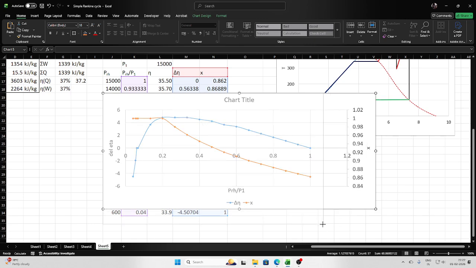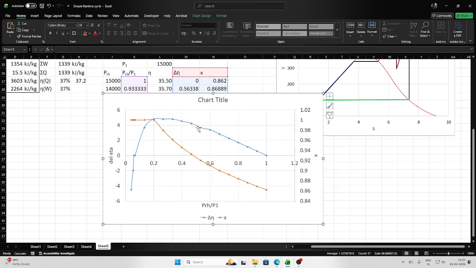So efficiency is continuously increasing, and it is attaining a maximum value close to 0.2. And then if I reduce the reheat pressure further, it reduces. That means the efficiency improvement is not there. In fact, there is an efficiency decrement.